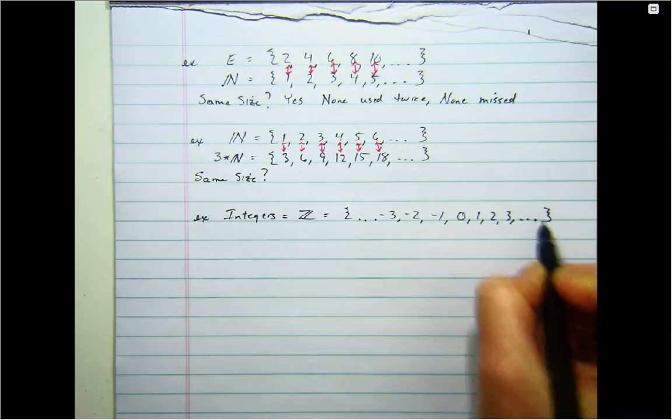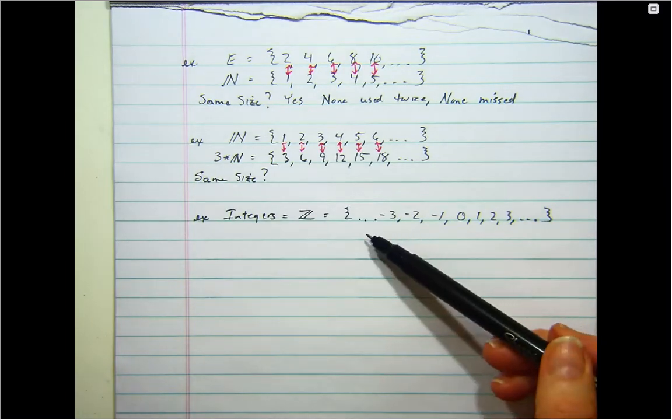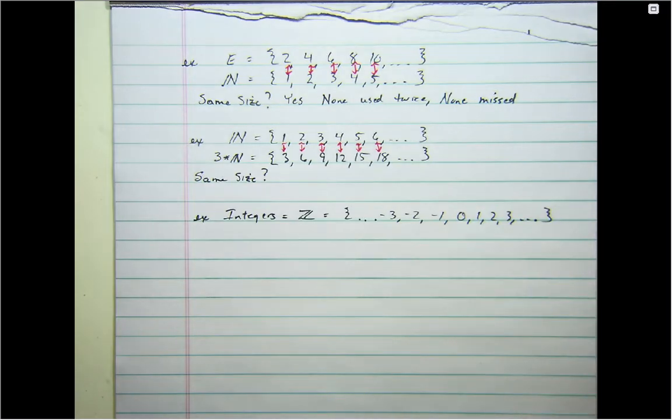Okay, so the integers were the whole numbers. So dot, dot, dot, -3, -2, -1, 0, 1, 2, 3. So the integers go on forever in both directions. They go to the left forever and to the right forever.